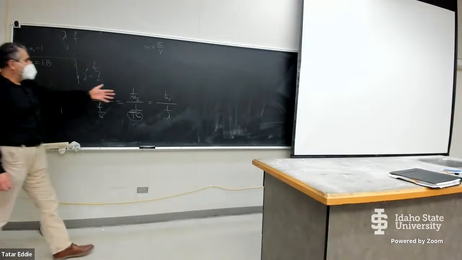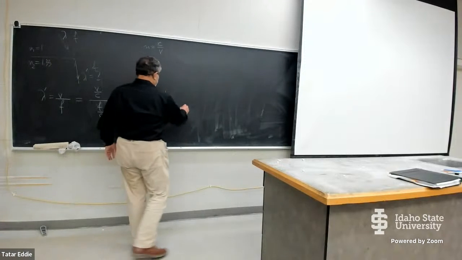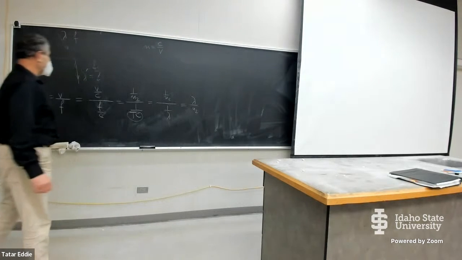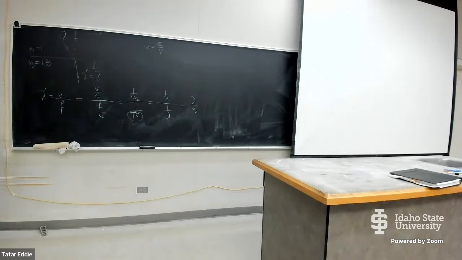And of course, when you rearrange this fraction, you get that this is lambda divided by n2. So again, I played around with arithmetic. You don't need to remember how to derive this, but the result is needed.